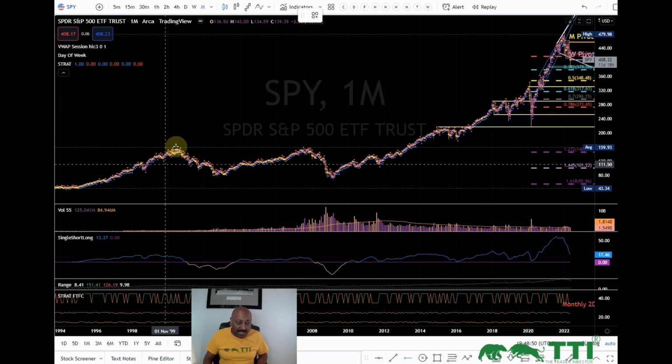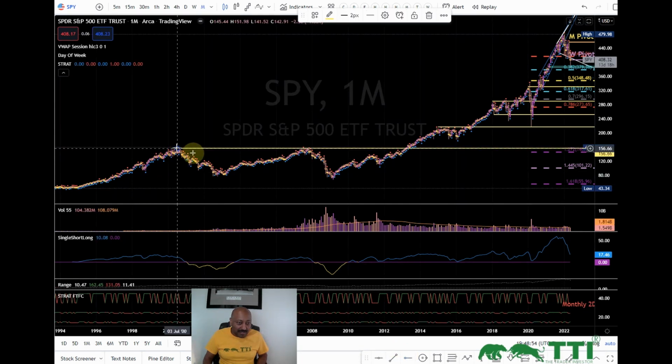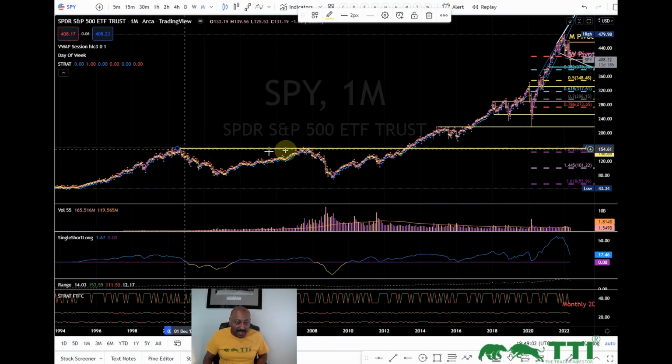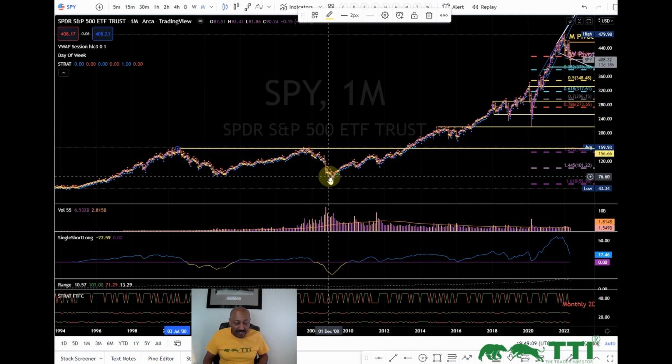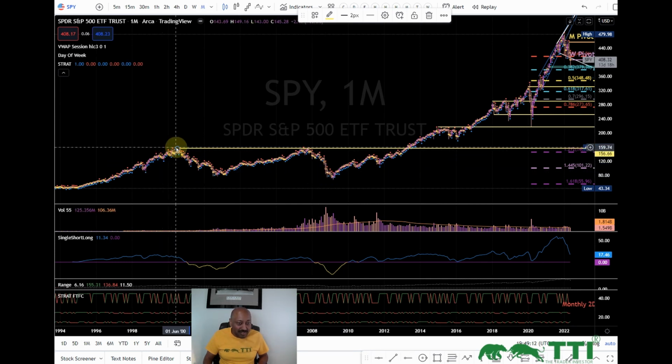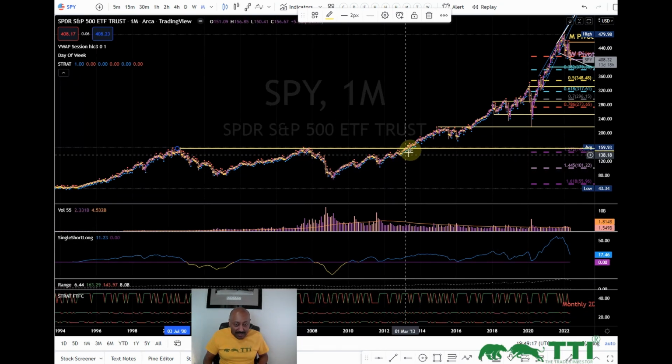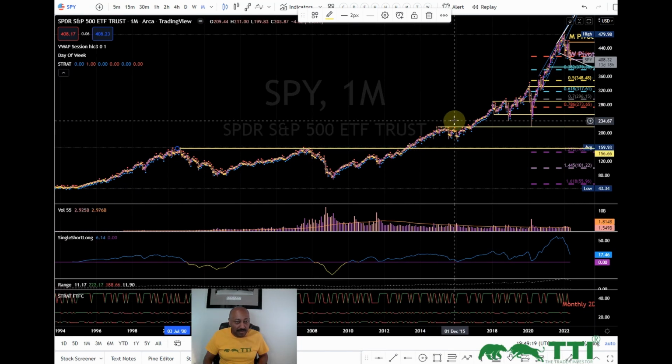But when you are looking at this area here, 2000, and then in 2007, we came back up there. So this is resistance. Why is it resistance? Because price decides to reverse again in 2008. As soon as it hit those highs, boom, it collapsed. And then as soon as it hits those highs again, it doesn't want to collapse. It just kept going. That's why it's important to understand this. Okay?